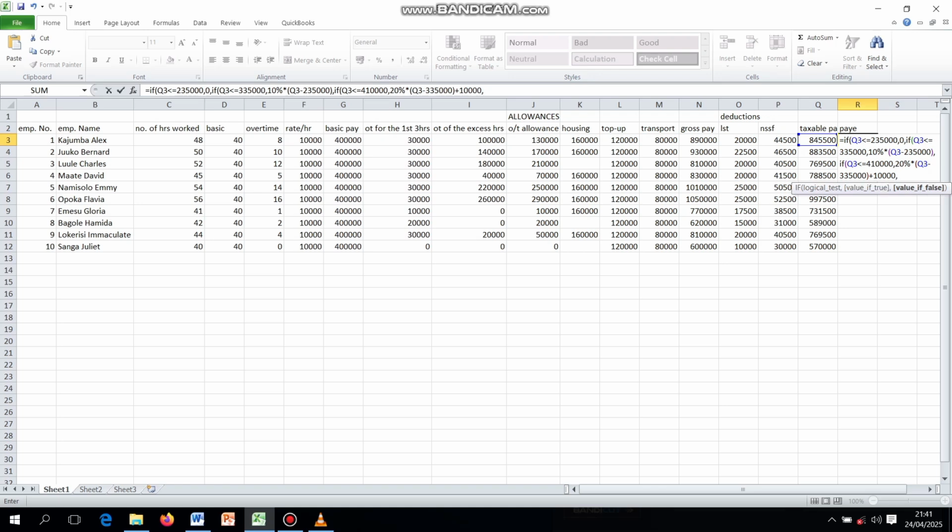Then I'll write again if I open the bracket, our taxable pay is this time, since it is the last one, I'm going to use the greater sign, 410,000. I'll put a comma. They gave us the rate which is 30%.